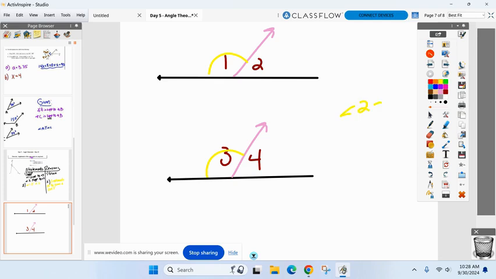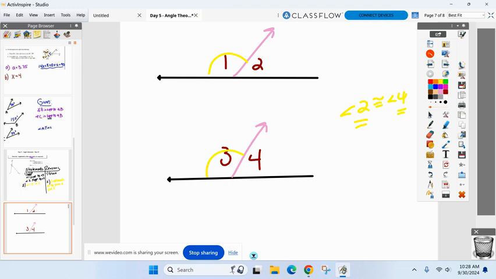But, ready? Not for the reason I just showed you. Because are 2 and 4 supplementary to the same exact angle? No. So I don't want to use that fact I just used. Instead, I'm going to give you a new one, which says if two angles are congruent, so are their supplements.